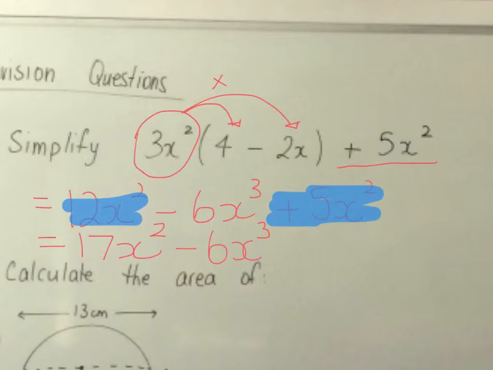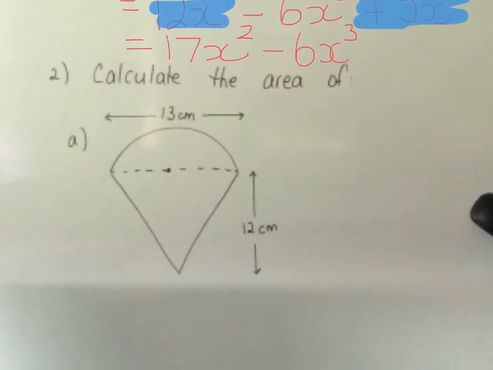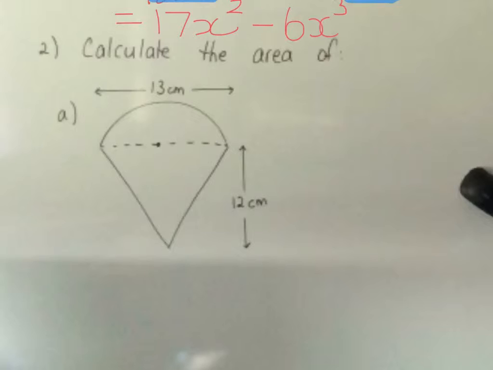Now let's move on to question 2, which was asking us to calculate the area of two different shapes. The first one being a composite shape made up of a semicircle and then a triangle.